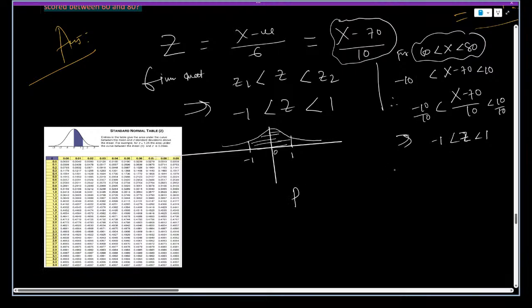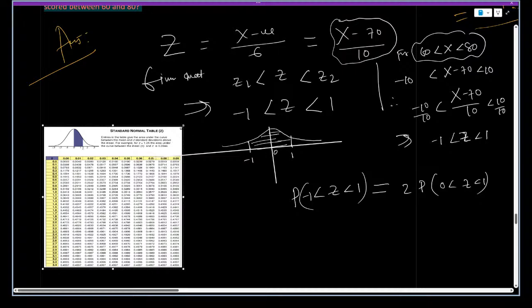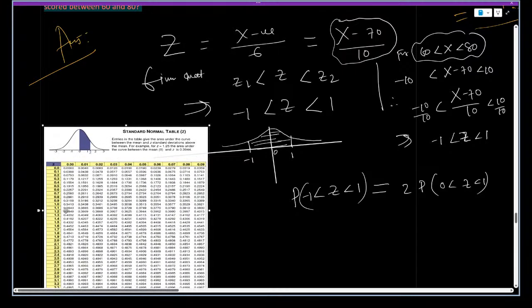So when you are writing P(-1 < Z < 1), this implies twice P(0 < Z < 1). What is given for 0 to 1? Just go through the table. It is given 0.3413. So this is going to be 0.6826.